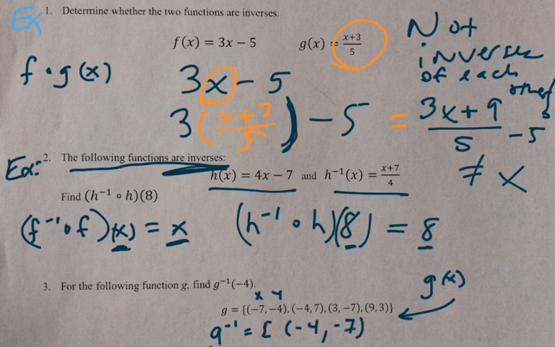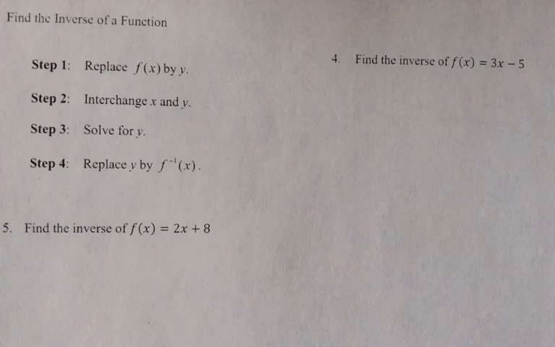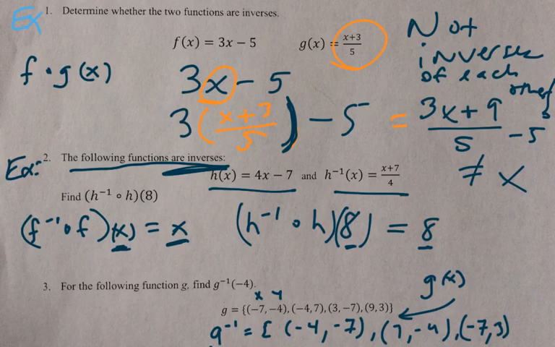So g inverse would be these coordinates: 7, -4, then -7, 3, and then going backwards, 3, 9. Those are my coordinates for my inverse.